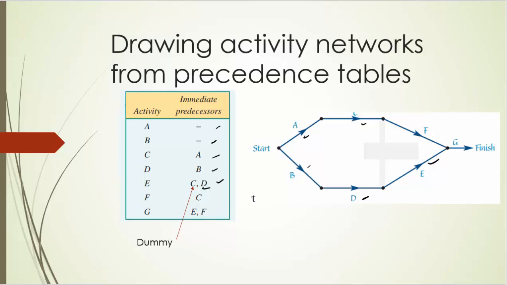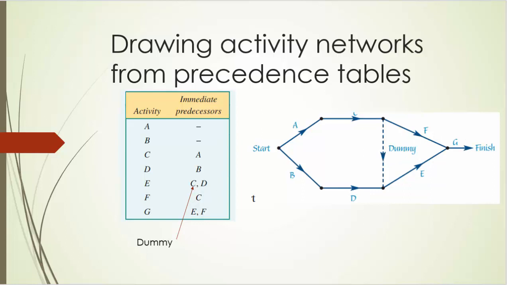F is preceded by C, that's fine. And G is preceded by E and F, so we go F and there. The only one we haven't drawn is the dummy activity. E is preceded by C as well as D, so down goes the dummy activity there. You can now see that E is preceded by C and D. Excellent. There it is more tidily.